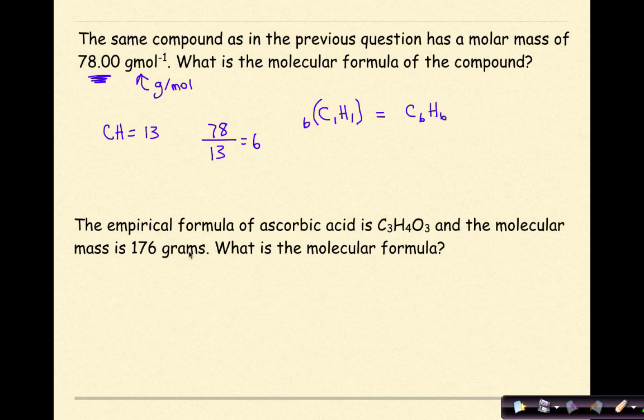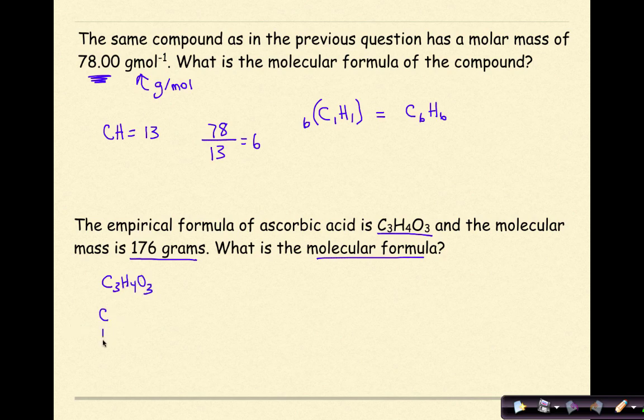Let's look at another example. The empirical formula of ascorbic acid is C3H4O3, and the molecular mass is 176 grams. What is the molecular formula? Okay, this is a very common type of problem. So we have ascorbic acid, which is C3H4O3.